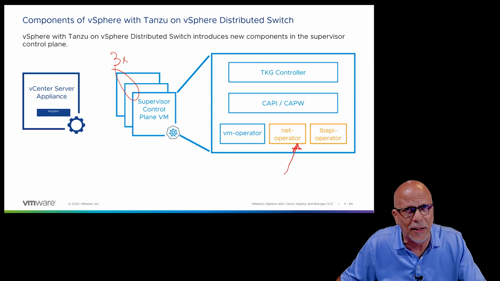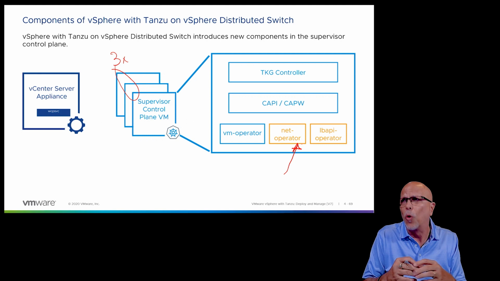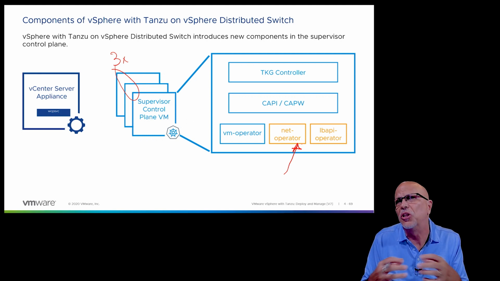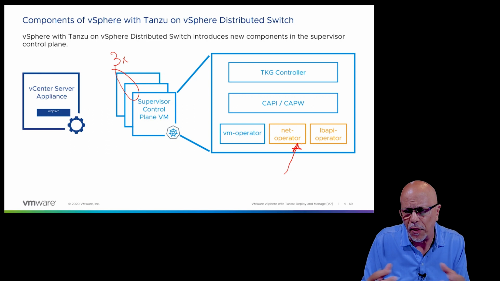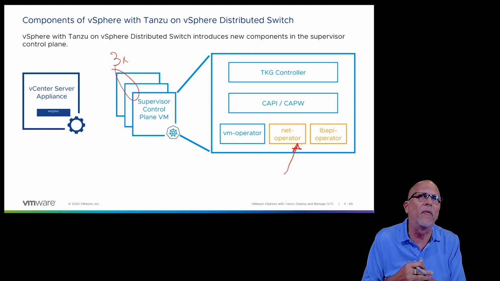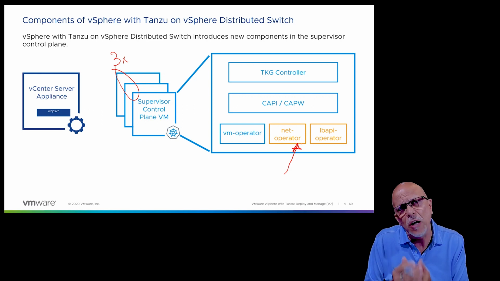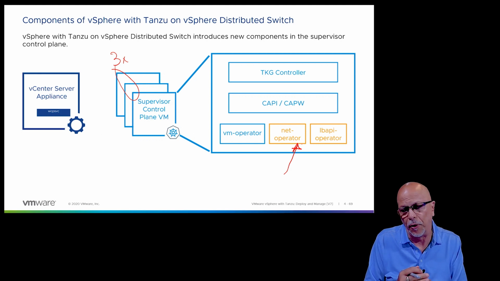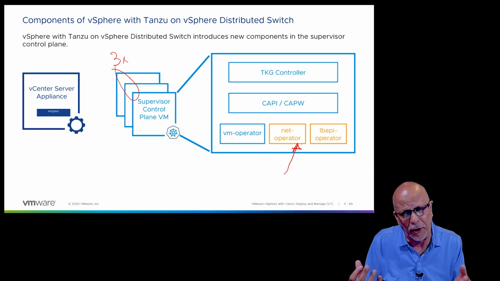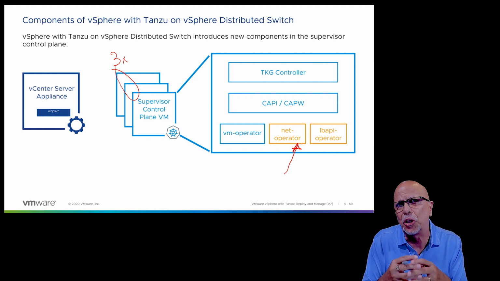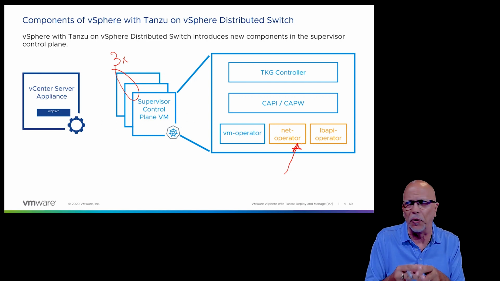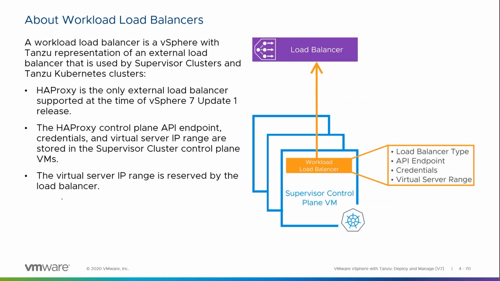Instead, we're going to install these additional pods that are going to be running on each of the supervisor control plane VMs. And functionally, between the net operator and the load balancer API operator, we're going to get the same functionality that we got when we put the NCP inside there. On your supervisor control plane VMs, when we're setting up the workload platform, we're going to have to give it some information.